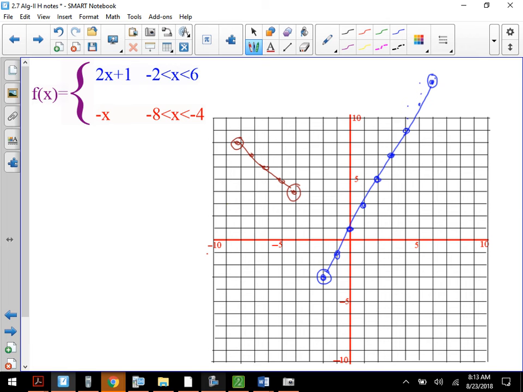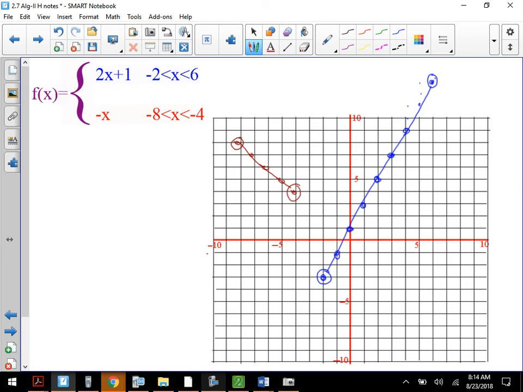Right? All right. Piecewise not terrible, is it?